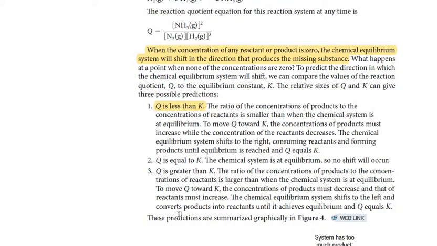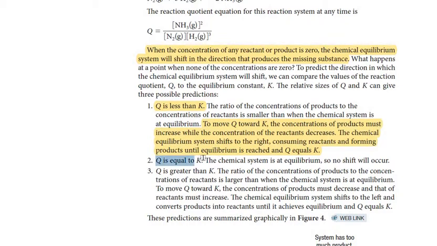To move Q toward K, the concentration of products must increase while the concentration of reactants decreases. The chemical equilibrium system shifts to the right, consuming reactants and forming products until equilibrium is reached.